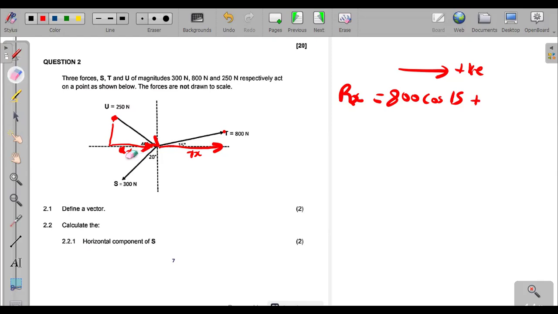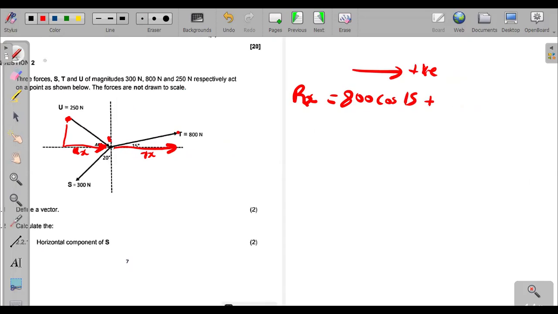The horizontal component of U is acting to the right, just like the horizontal component of T. We trace it from the tail to the head. It means it's moving to the right, and we have chosen right as positive, therefore it was positive there. So it also follows that for U, it's also positive. So we will say plus 250 cos what? We have been given the angle here is 40 degrees. So 250 cos 40 degrees.